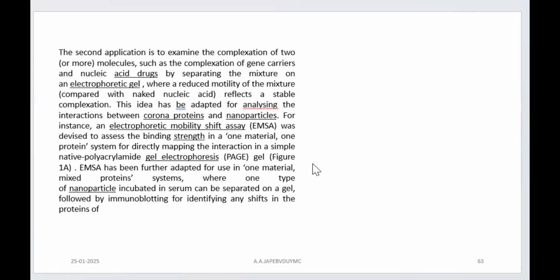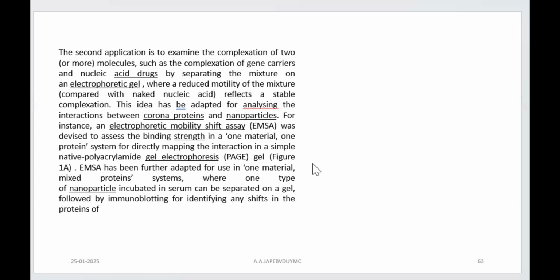Similarly, you can take the example of DNA, where DNA is the target and the molecule that is the drug is targeting that DNA. So when DNA and drug molecule interact, or protein and drug molecule interact, the properties of the molecule as a whole are altered because it's a mixture of the two now, right? So the complexation that you are going to get, can it be revealed? Can it be analyzed? Yes, it can be analyzed by electrophoretic technique.